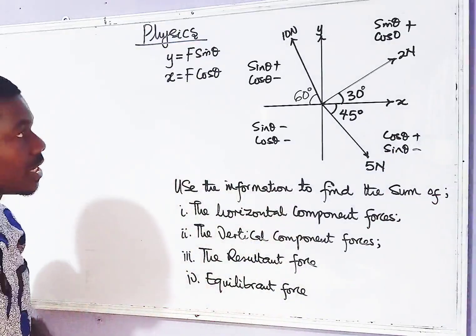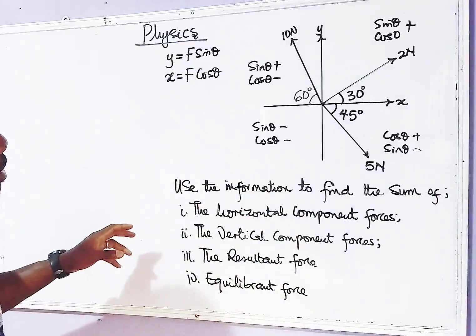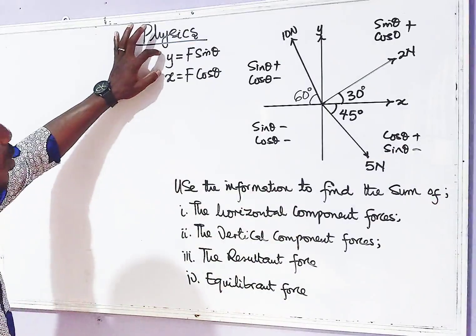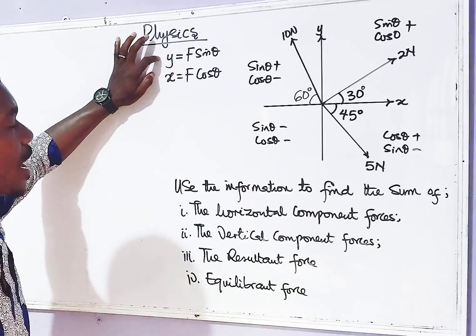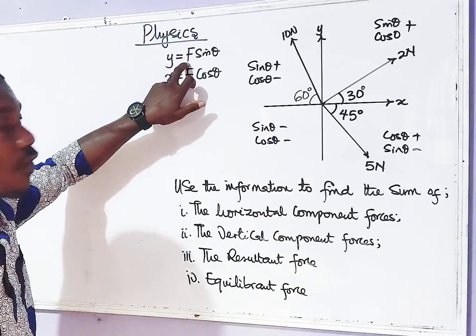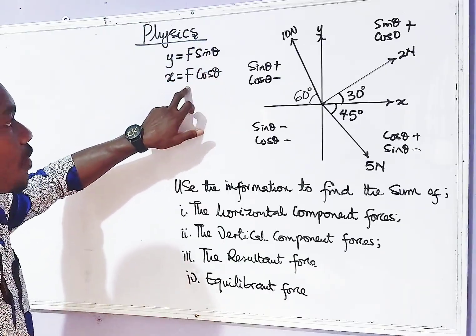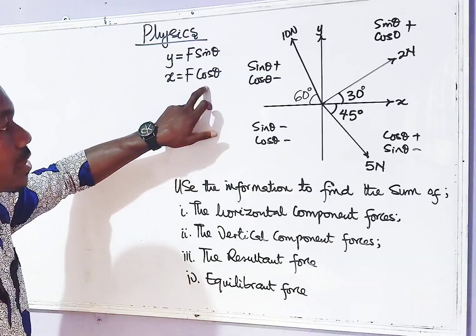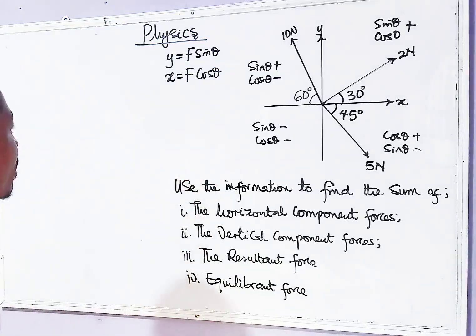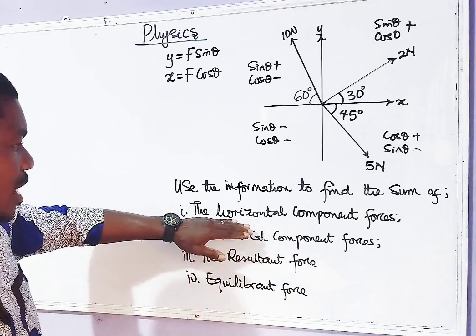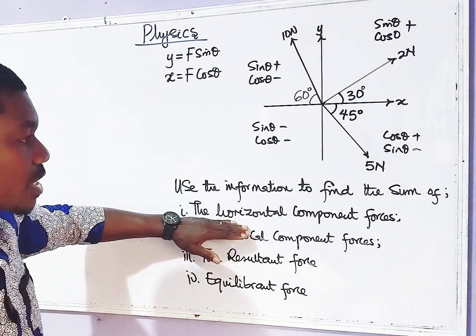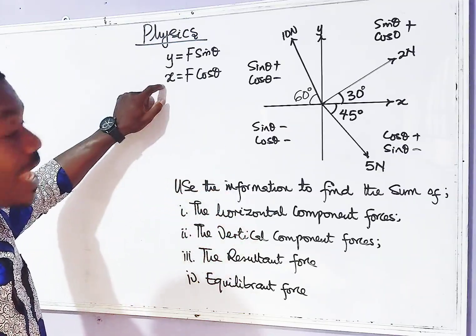Okay, so what are the other rules we need to take into consideration? We know that the y-axis takes the force and sine of the angle, while the x-axis takes the force and cos of the angle. So now let us resolve the horizontal component forces, which is the x.